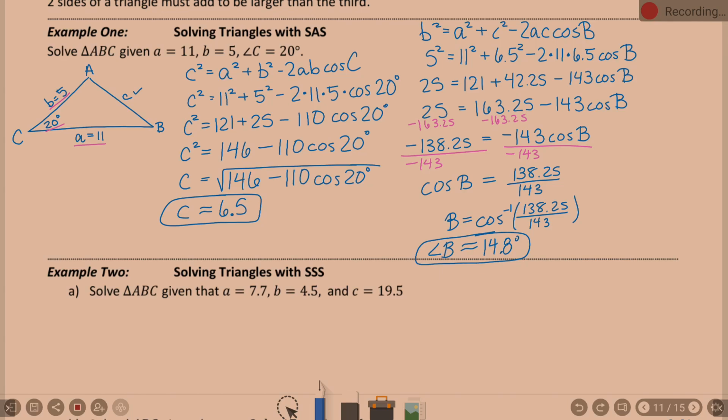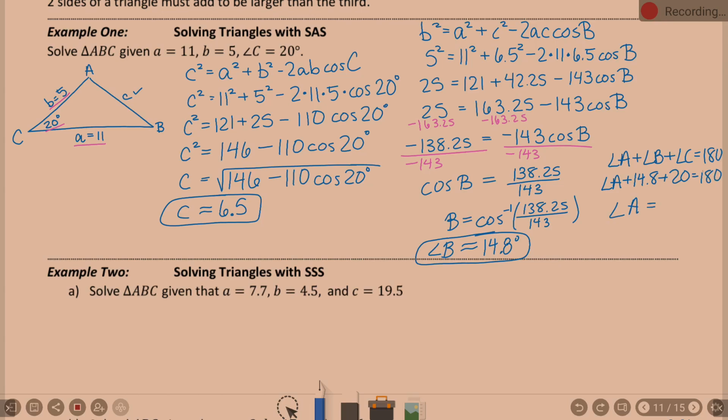Subtract from 180, right? All three angles in a triangle add up to be 180. So angle A plus angle B plus angle C equal 180. And that's your final piece on this problem. So angle A is what I'm trying to find. Plus 14.8 plus 20 equals 180.